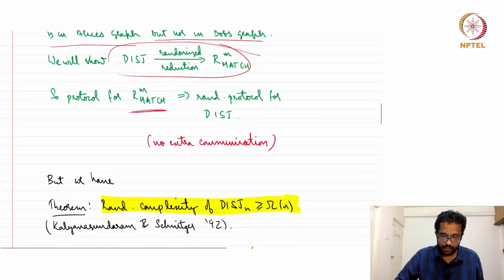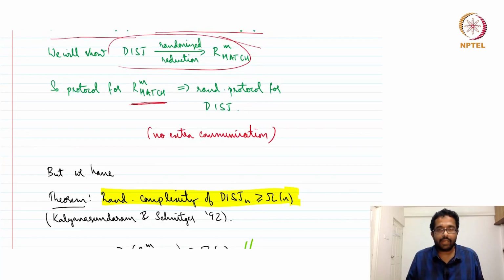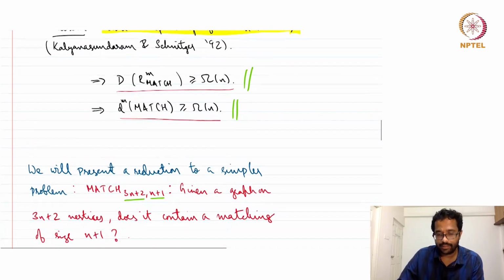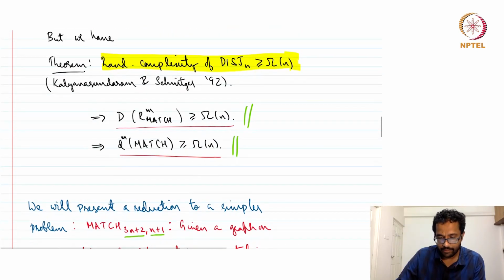And then we saw that R match, which is the Karchmer-Wigderson relation applied to the matching function, has a randomized reduction from disjointness. So a protocol for R match will give a randomized protocol for disjointness without extra communication.